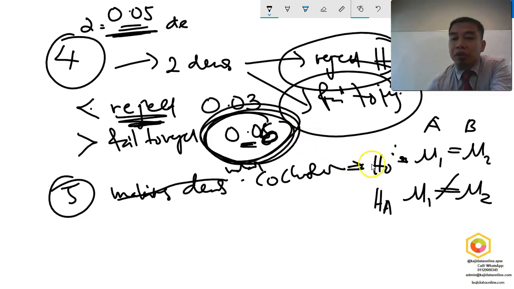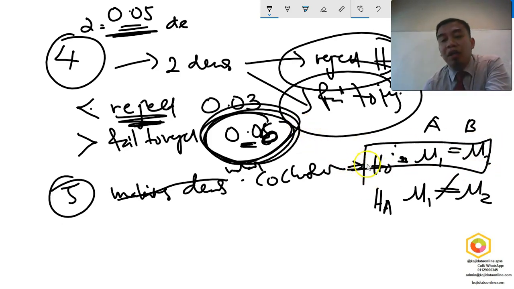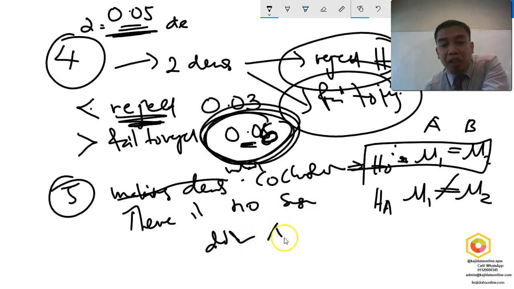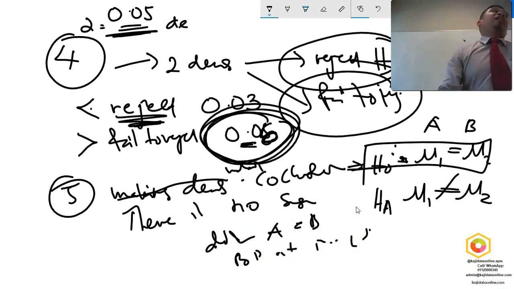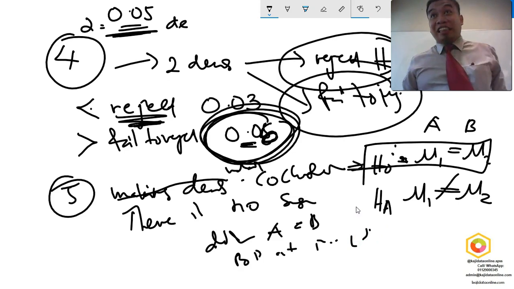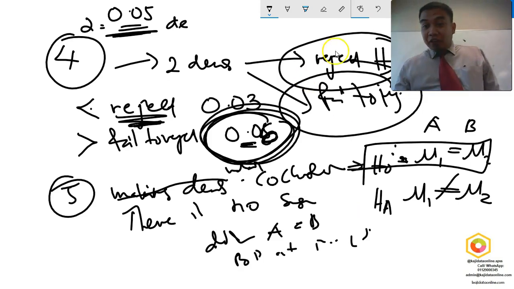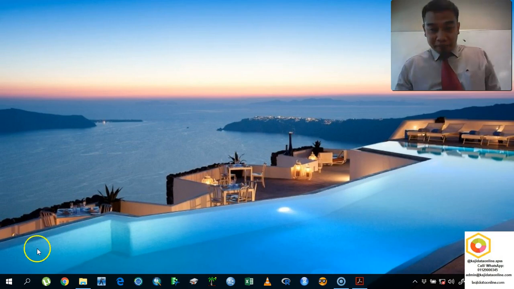Therefore your conclusion must be based on your null hypothesis, and you say there is no significant difference between A and B for their blood pressure monitoring at the level of significance 0.05. That's all for hypothesis testing. So far so good?